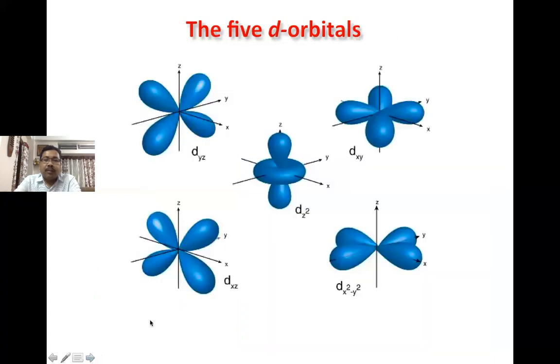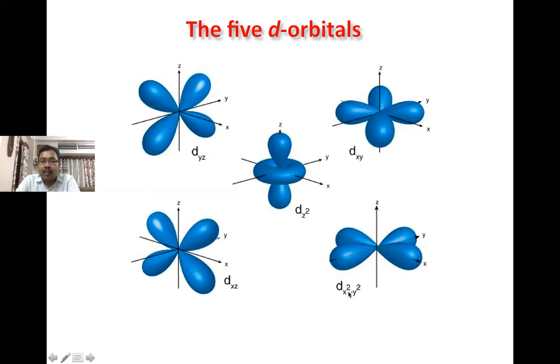So these are the 5d orbitals. Out of these 5d orbitals, we can see that these orbitals, particularly dz square and dx square minus y square, have lobes pointing directly towards the axis. Say this is the dz square orbital, and its lobes are pointing directly towards the z-axis.